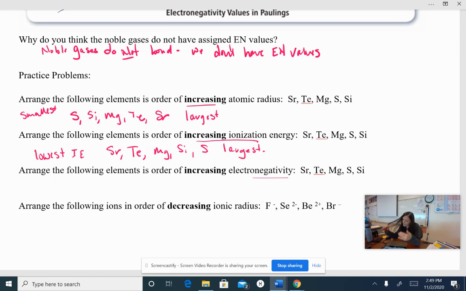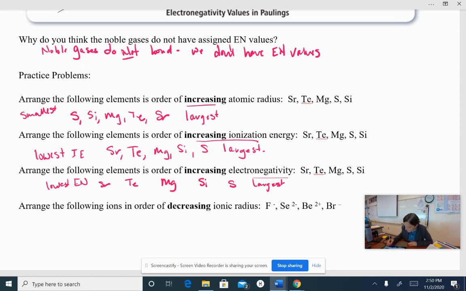So could I take my ionization energy list and just put it down in terms of electronegativity? I pretty much can. So my lowest electronegativity is going to be strontium, tellurium, then magnesium, silicon, sulfur is going to be my largest.